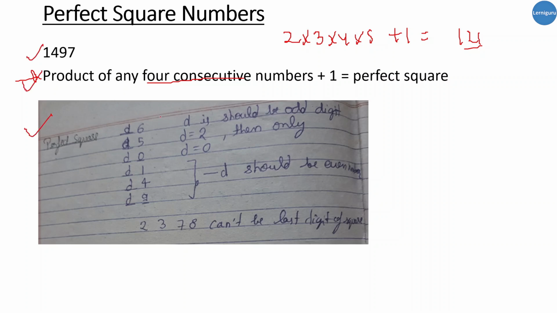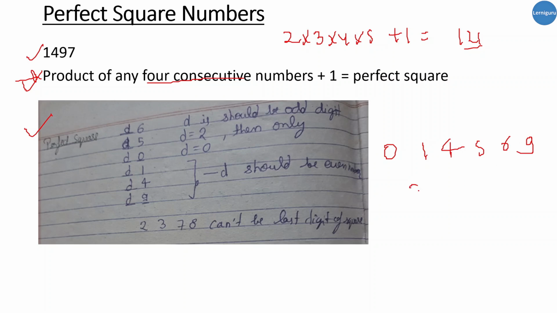Now let's see what this chart looks like. With the help of this, any perfect square number will always have its last digit as 0, 1, 4, 5, 6, or 9.